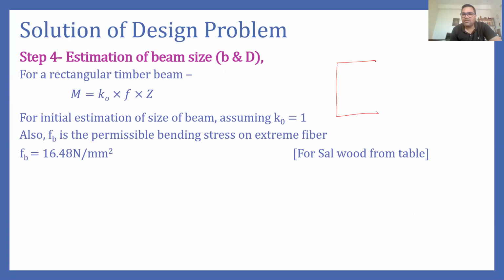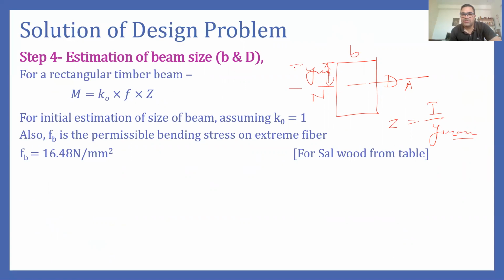So if we have this beam, if this is B and this is D, and if this is the neutral axis, the section modulus for this beam will be I by Y. Now the maximum section modulus is given when it is Y max, and Y max is equivalent to D by 2.